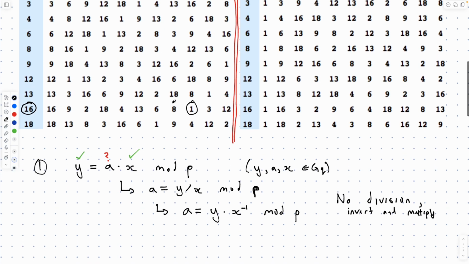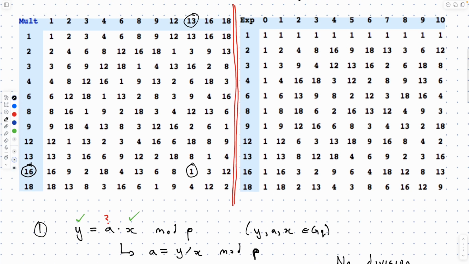Walk me through, you did it so fast. How did I figure out what the inverse of 16 is? I scan the row until I hit a 1, and then I look and see what column I'm in. Now, if this table is the size of the number of stars in the universe, can I scan the row until I hit a 1?